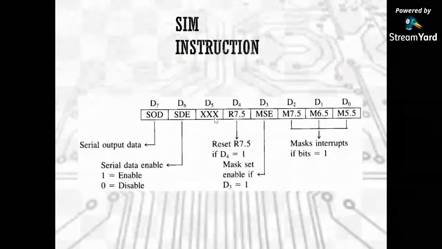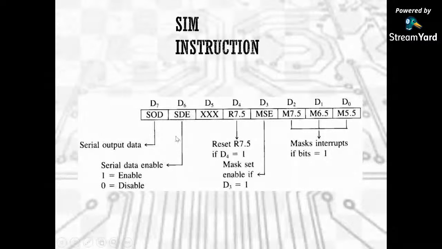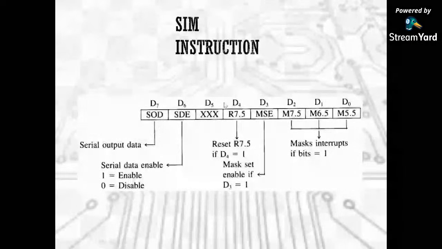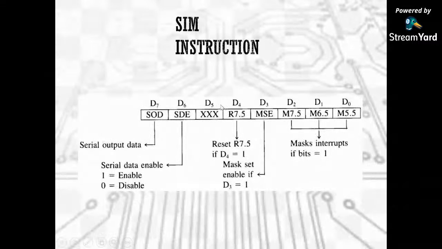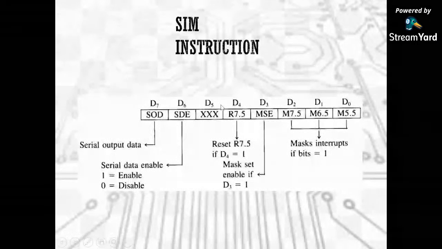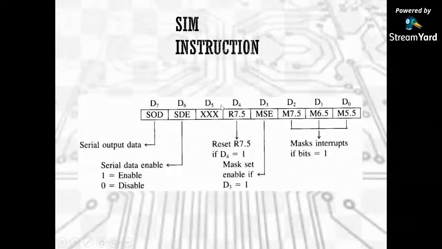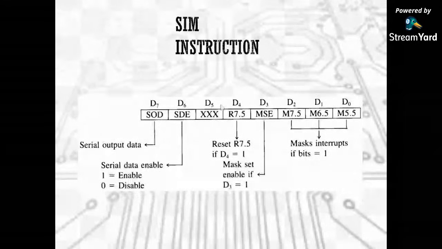So this is the output data, and this is the serial data enable. The aim is for the set interrupt mask. If RIM is for reading the interrupt, this is for setting. You can do your own interrupt, yeah, because it is actively being controlled by you.